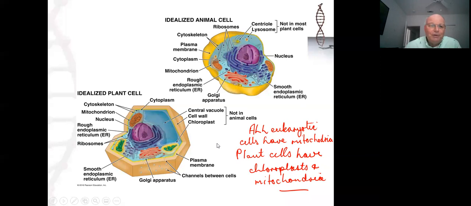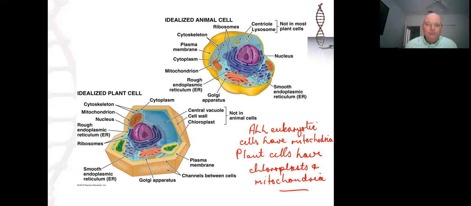I found this to be very helpful for students. If you create a table with 3 columns, head the center column, common features, head one of the other columns, unique to plant, and the third column, unique to animal. And then put things into each of the columns based on whether they are common to plant and animal cells, or they're unique to a plant cell or unique to an animal cell.